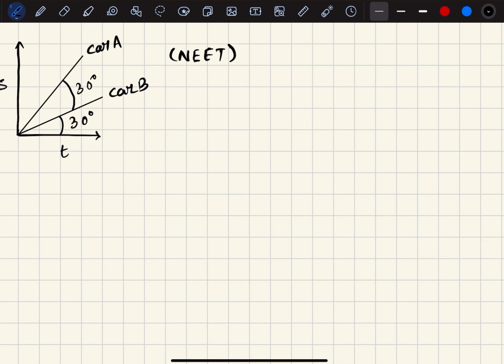See, now if it is asked what is the speed of car A, first of all I have to find out that speed is the slope of the distance time graph. So the slope over here is tan theta. Now what is theta? This line is for car A. The total angle with the horizontal is 60 degree.